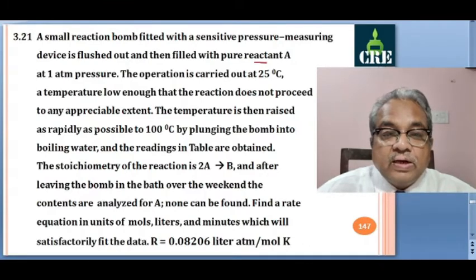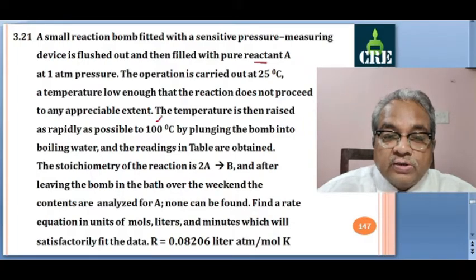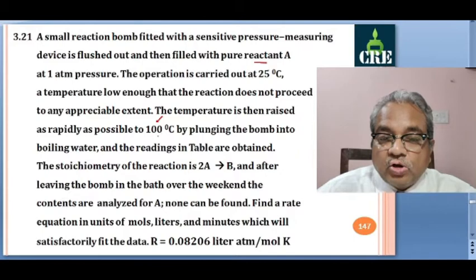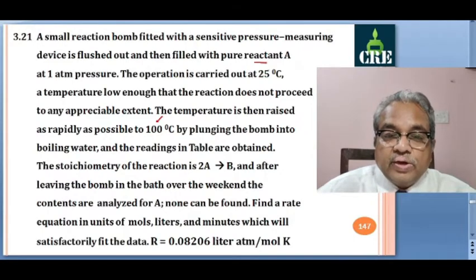The temperature is then raised as rapidly as possible to 100 degrees Celsius by plunging the bomb, or this small reactor, into boiling water. It is assumed that as soon as you plunge it, the temperature reaches 100 within a very small amount of time. So the reaction is carried out at 100.